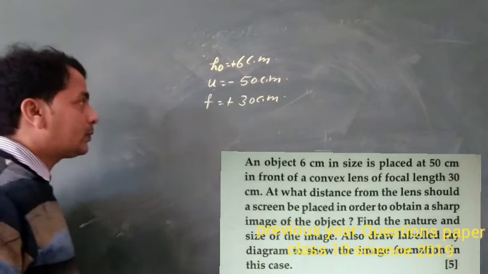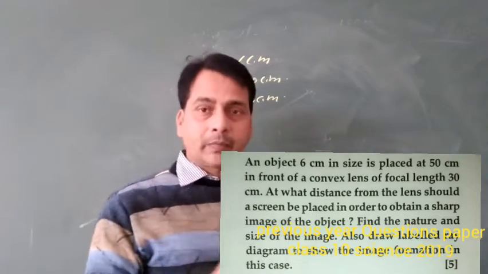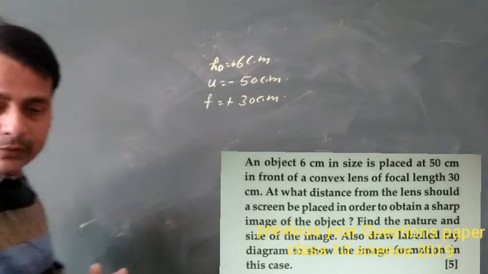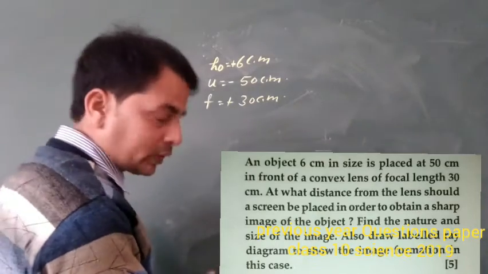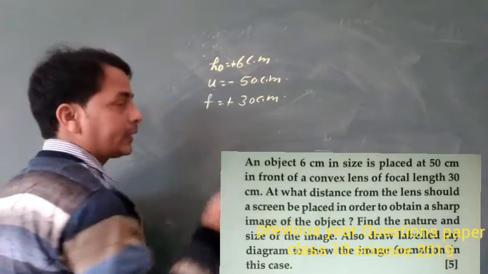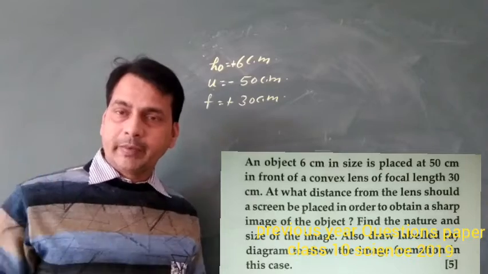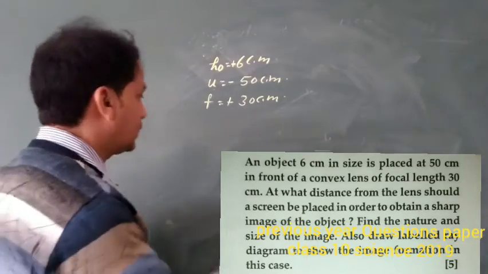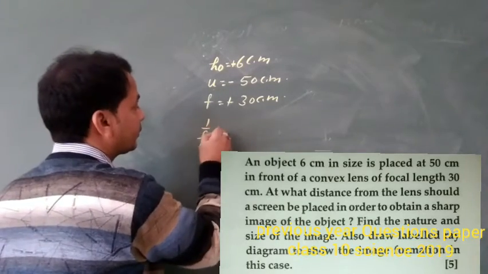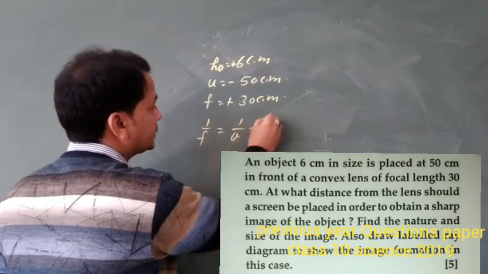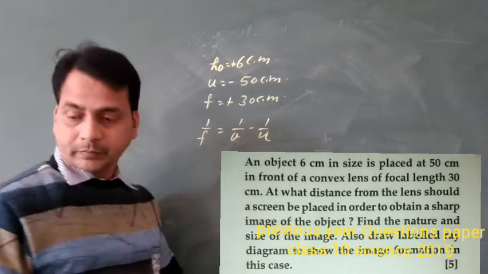So we apply the lens formula, which gives the relationship between the focal length, image distance, and object distance: 1 by f equals 1 by v minus 1 by u.